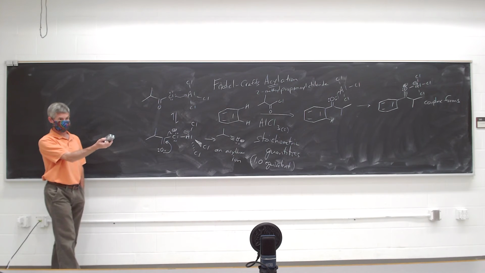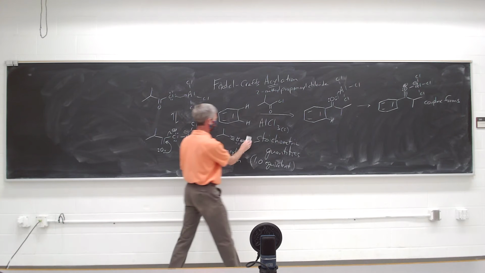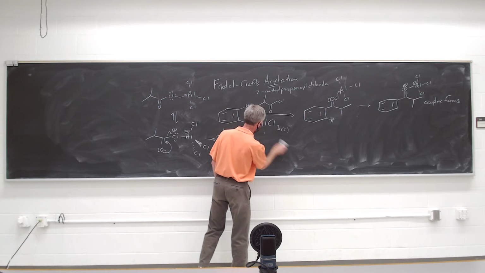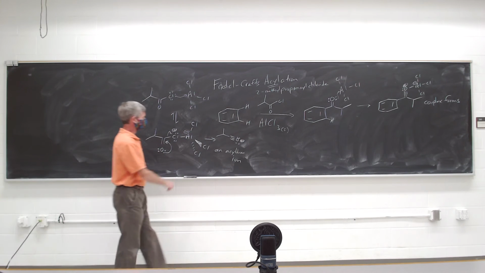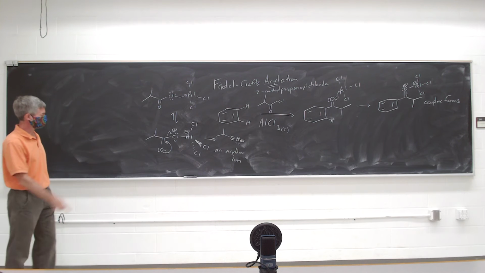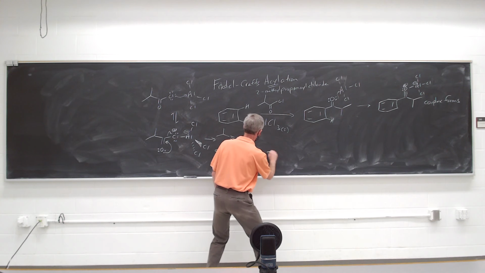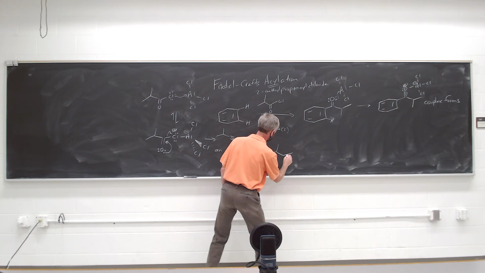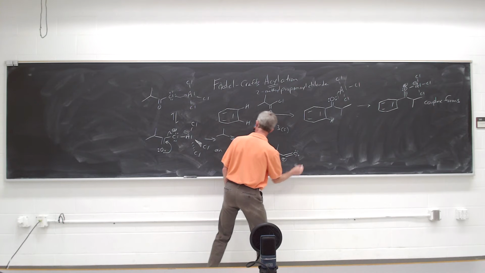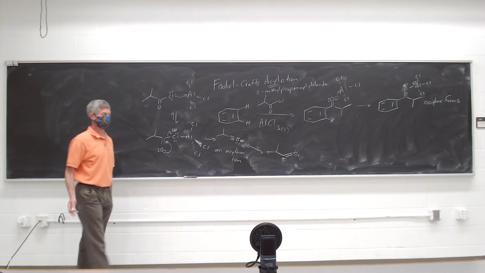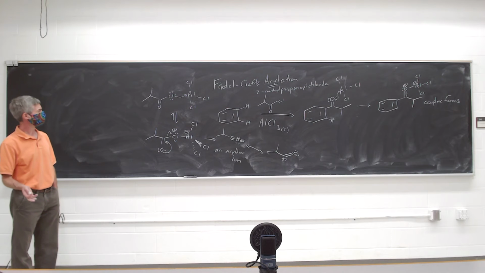And we saw ions like that in mass spec. The acylium ion is a pretty good electrophile. It's got a resonance structure that puts a positive charge on the carbon. That's not a very favorable resonance structure, but it's there.